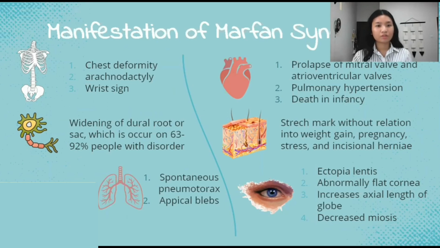In the cardiovascular system, it can cause a prolapse of either the mitral valve or both atrioventricular valves. In children, it can cause pulmonary hypertension, congestive heart failure, and death in infancy as a result of insufficiency of the mitral valve. In the skin and integument, the disease can cause striae without relation to weight gain, pregnancy, or stress, and incisional hernia. The effects of Marfan syndrome in the ocular system are ectopia lentis, abnormally flat cornea, increased axial length of the globe, and decreased miosis. Next.